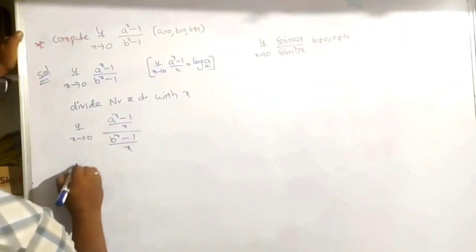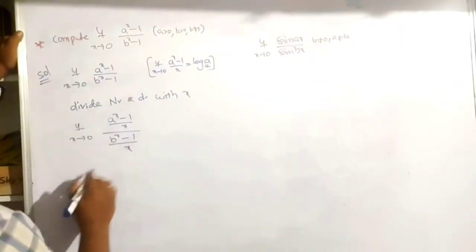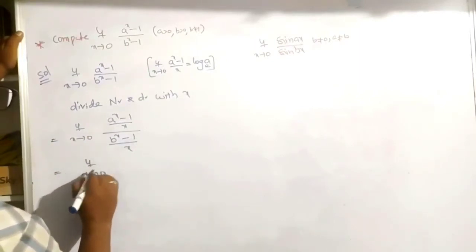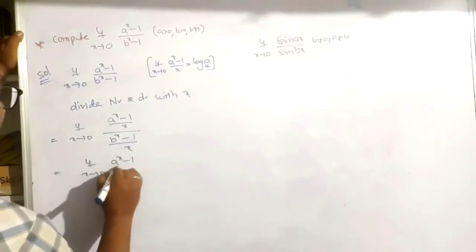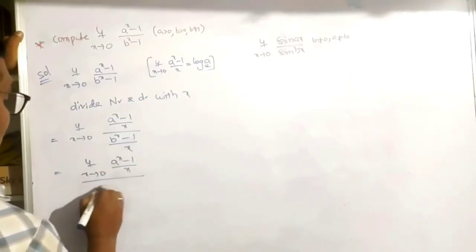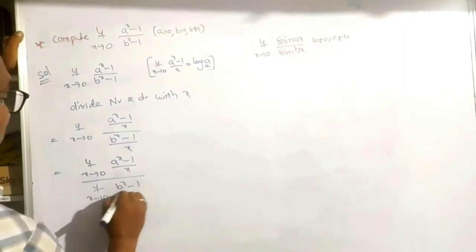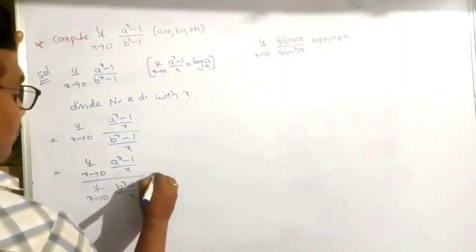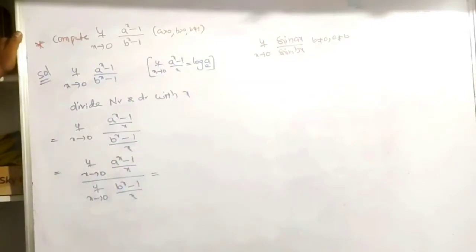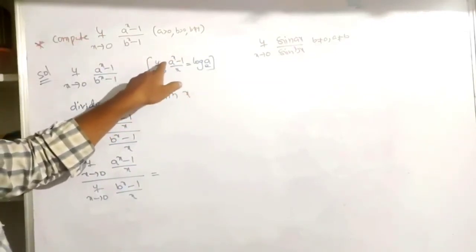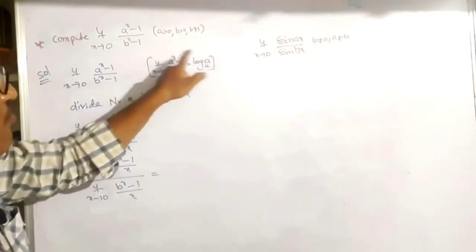Now apply the limits for both terms like this. Limit as x tends to 0 of (a^x minus 1) by x, by limit as x tends to 0 of (b^x minus 1) by x. What is the value of (a^x minus 1) by x? If you have the a here, you get the a. If you have the b here, you get the b simply.